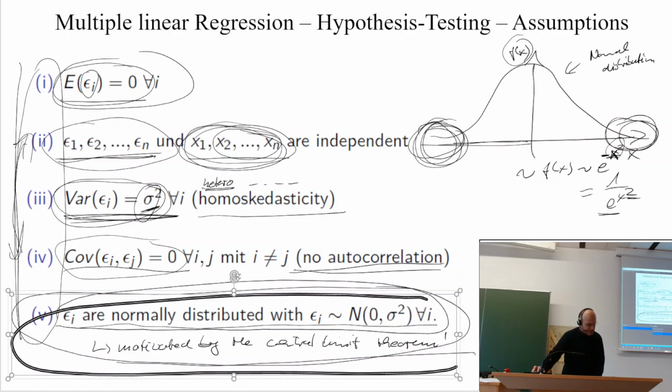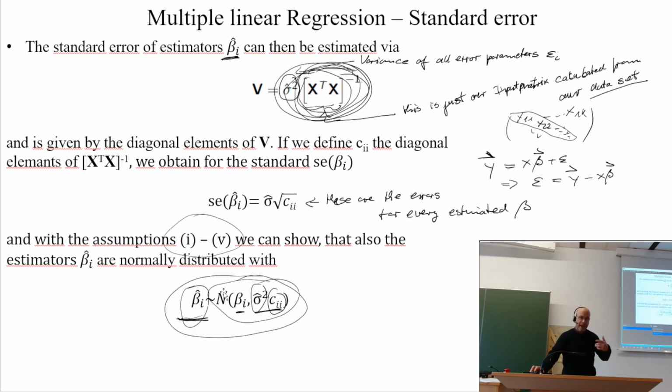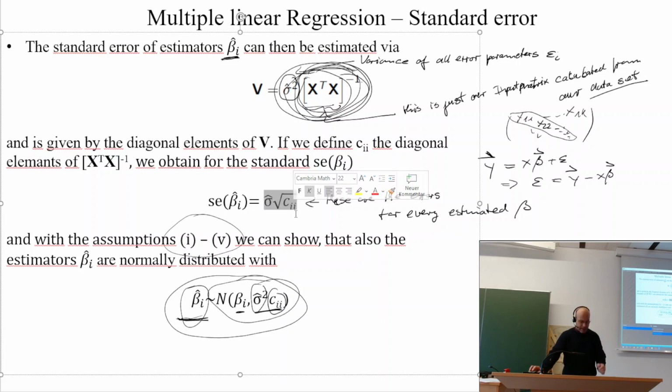With this together, one can show that the beta estimators are also normally distributed, where we have to calculate the standard deviation of y times these diagonal elements.